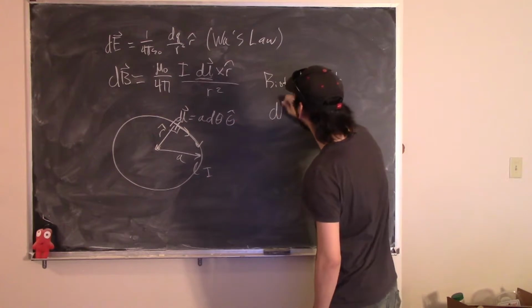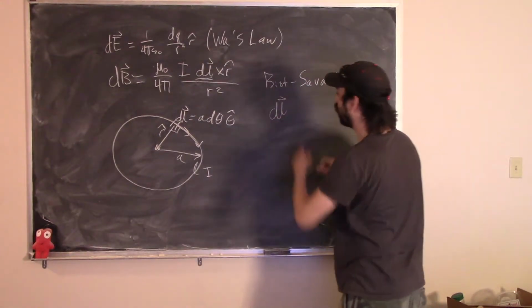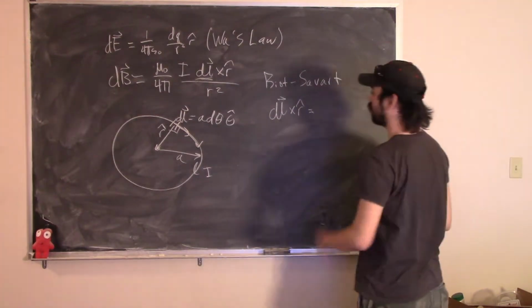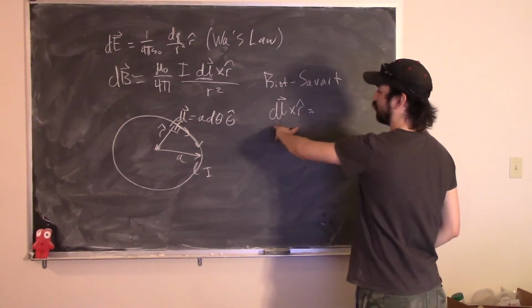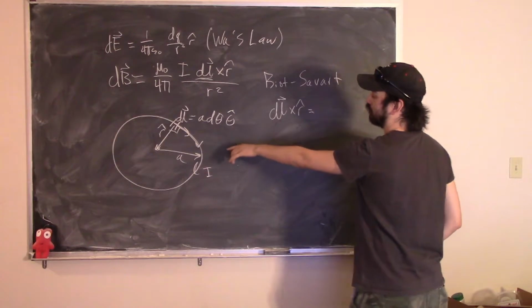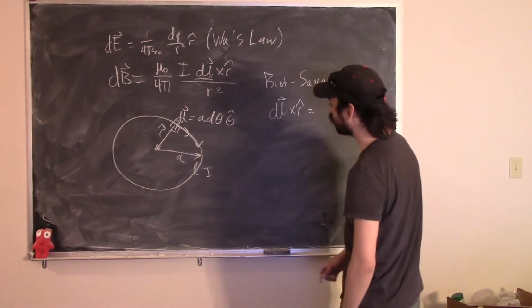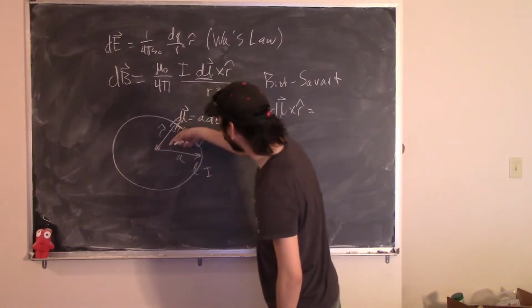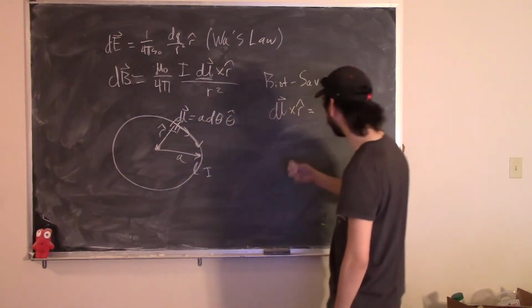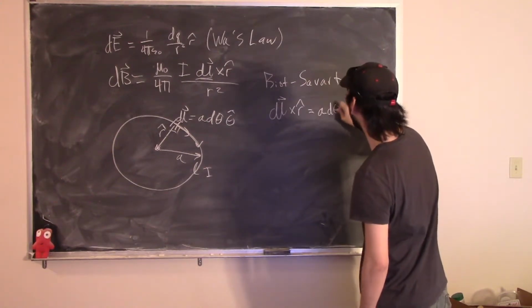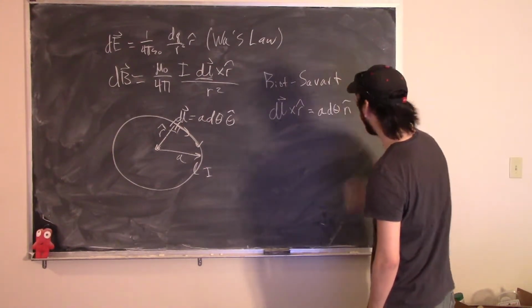And so dl vector cross r hat is equal to the magnitude of these two vectors times the sine of the angle between them, which is 90 degrees, times the unit normal vector that's mutually perpendicular to these two by applying the right-hand rule. So this is a d theta times our n hat.